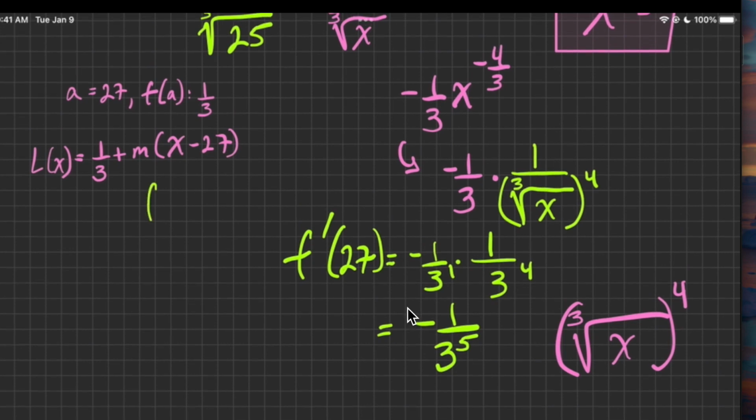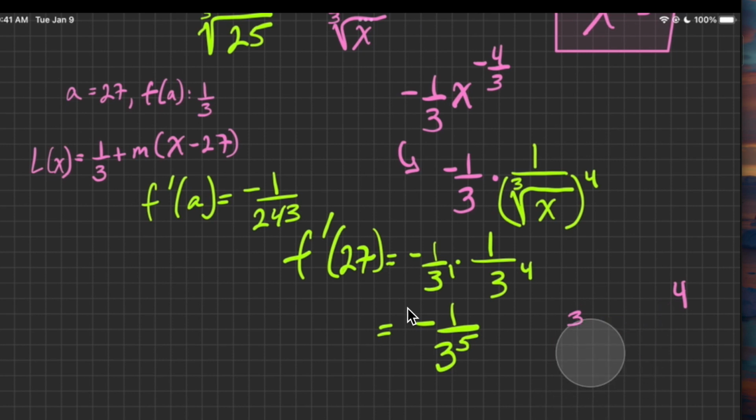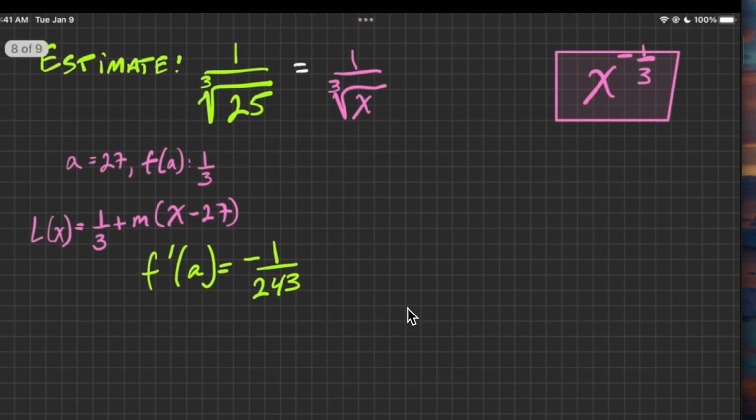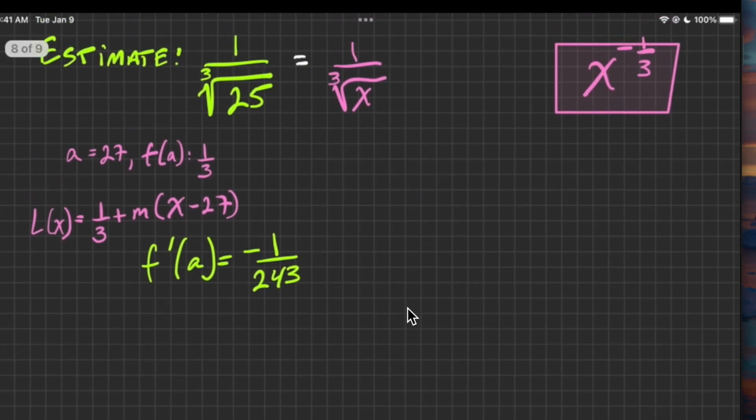So our f prime of a is going to equal negative 1 over 243. We have everything we need now to build our fraction. And I promise I'm not going to put you through all this math. All right, so here is, we're going to put this value right there.